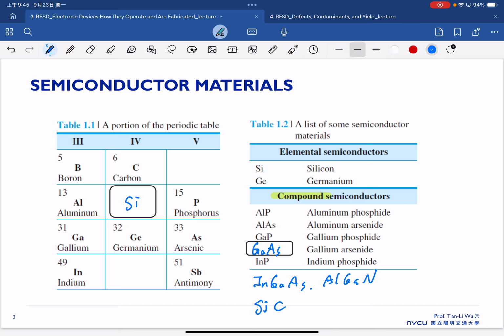Or we can have a material that has a combination of silicon and germanium, that's what we call silicon germanium here. So basically we can use all kinds of species in groups 3, 4, 5 and make all kinds of different semiconductors, either as an elemental semiconductor or a compound semiconductor.